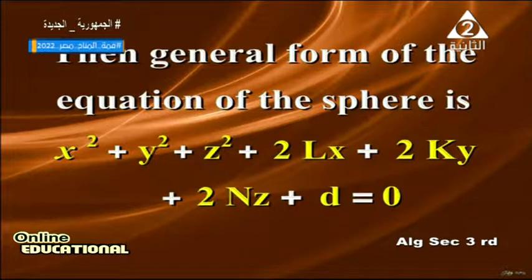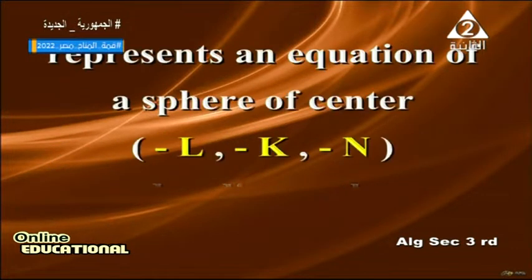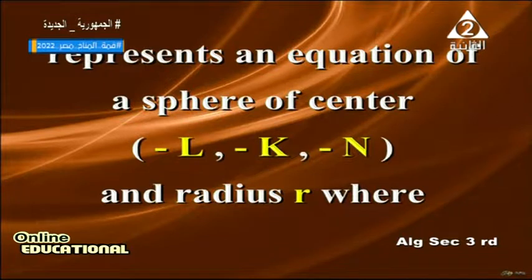We can deduce the center of a sphere from the general equation by dividing the coefficient of x by negative 2, or multiplying by negative half. 2L divided by negative 2 equals negative L, negative K, negative N. This represents the equation of the sphere, where (negative L, negative K, negative N) is the center.